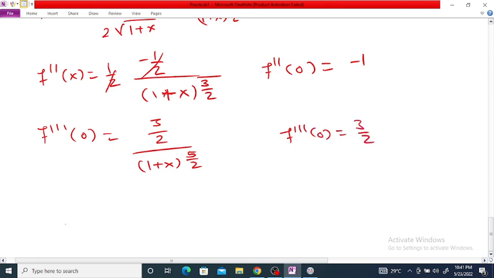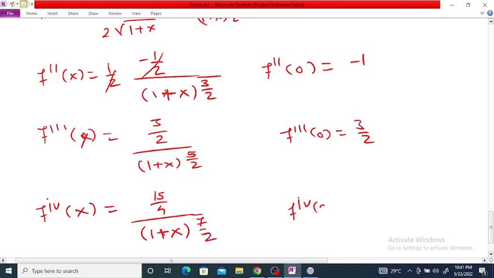Similarly, if you find the fourth derivative of x, 3 by 2 into 5 by 2, it is 15 by 4, and 1 plus x raised to 5 by 2 plus 1, it is 7 by 2. So the fourth derivative at 0 is equal to 15 by 4.